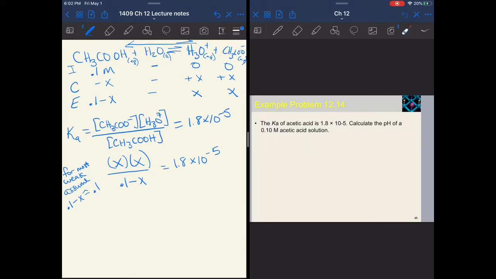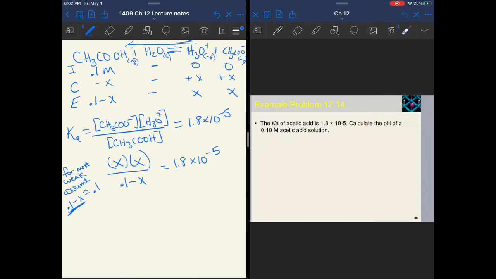So based on significant figures, if X is very tiny, it's still going to round to about 0.1. Now, X is important, that's how we're going to be able to calculate pH, but what we're saying is that this difference here would be negligible for the math. Don't do that for your other ice problems, but you can do that for your acid-base problems.